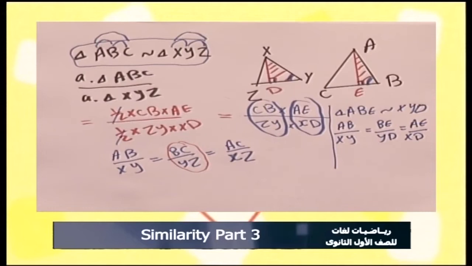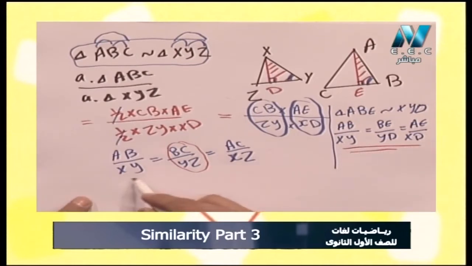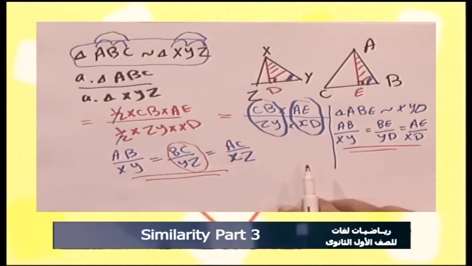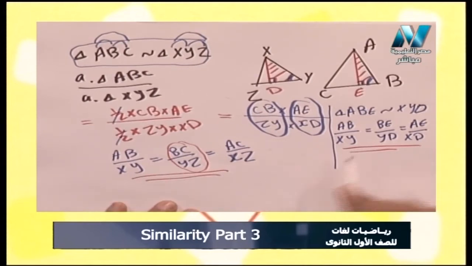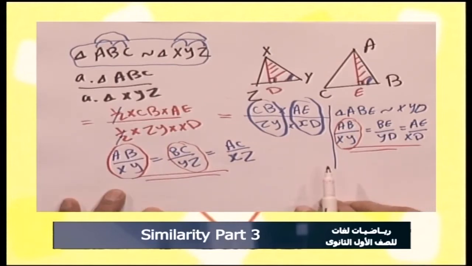If we compare the two triangles here, this triangle and this one, the two ratios, we will find out that AB over XY exists here and AB over XY exists here also.